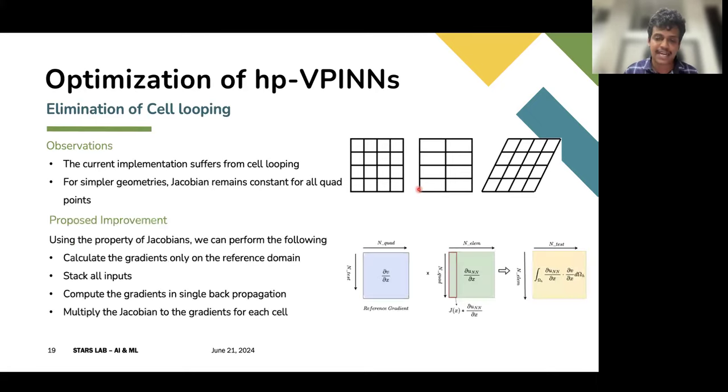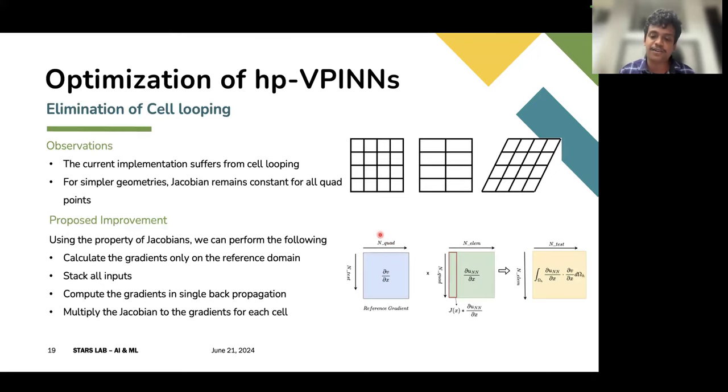So previously we had our single reference gradient matrix, which is dou v by dou x, which is n test cross n quad. And this will be pre-multiplied by Jacobian in our previous optimization that I showed here.